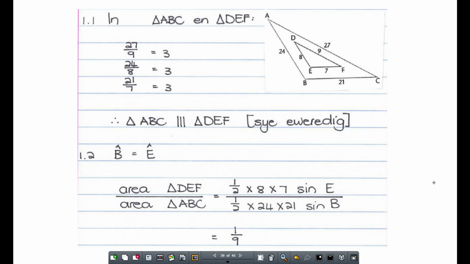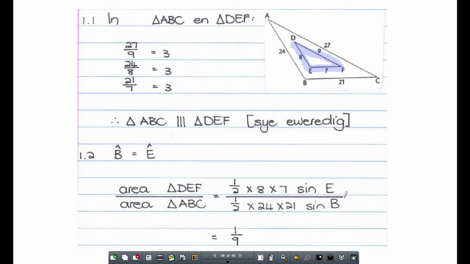Good, so the area of that small triangle. Nee? Gelukkig het ek mos nou al my sye gekry, maar het ons gister gesê, the main thing is, you want to end with the same angle, so that we can go and cancel out.